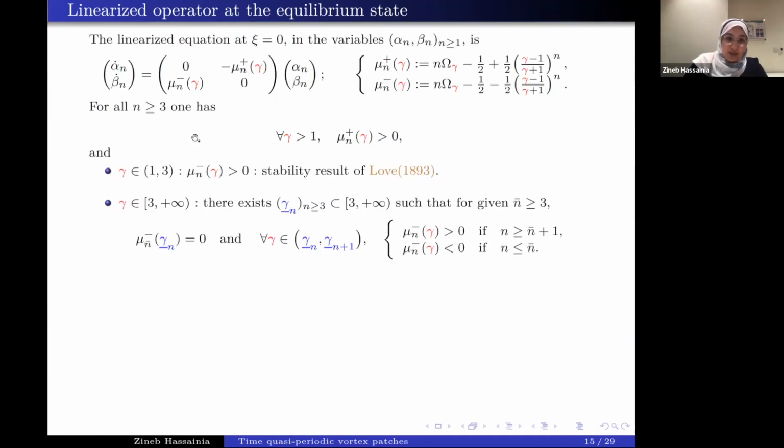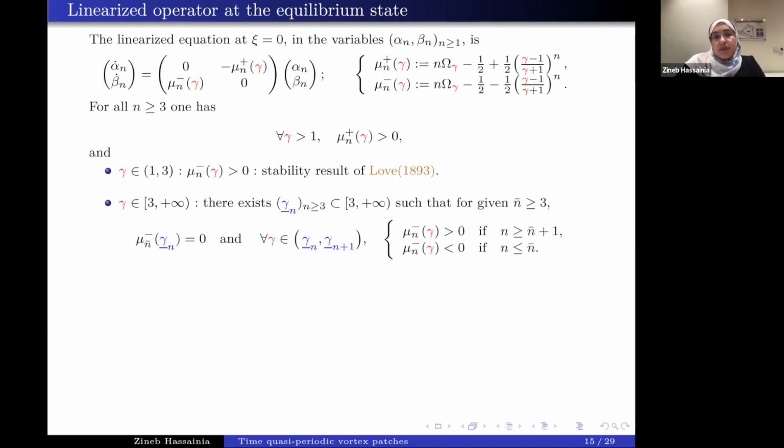So for n larger than or equal to 3, if we place ourselves on the interval 1 to 3, then both entries have the same sign and all the directions are elliptic. And this is the stability result obtained by Love.